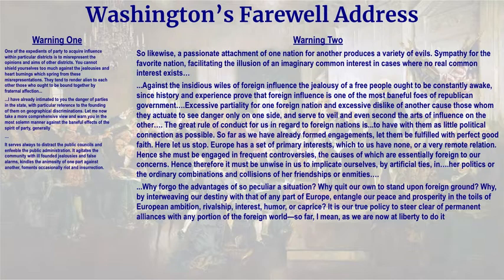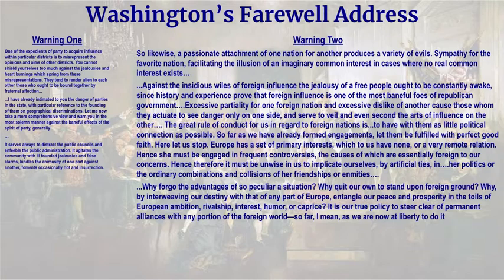Hence, she, referring to Europe, must be engaged in frequent controversies, the causes of which are essentially foreign to our own concerns. Hence, therefore, it must be unwise in us to implicate ourselves by artificial ties in her politics, or the ordinary combination and collusions of her friendships or enmities.